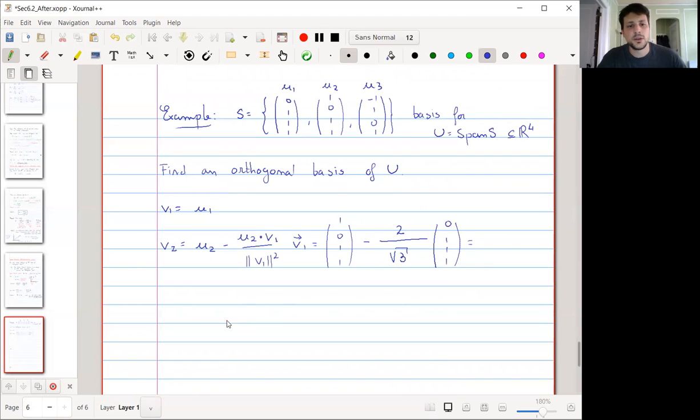In other words, when I write v2, I mean to write the following vector. We have 1 minus 0, that's the first entry, and we have 0 minus 2 over root 3, and we have 1 minus 2 over root 3, and then we have 1 minus 2 over root 3.